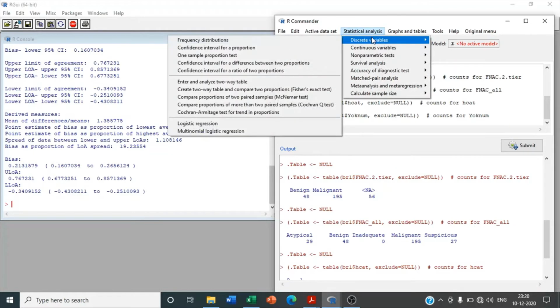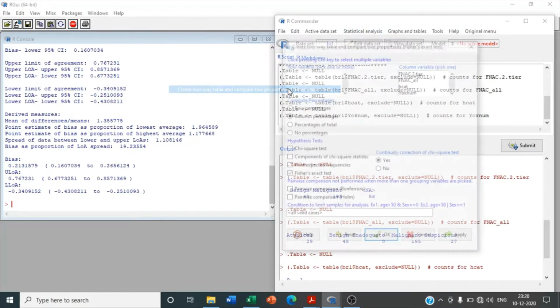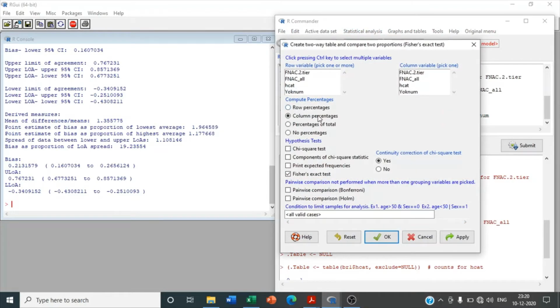Cross tabulation, get into discrete variables, and get into create two-way table and compare two proportions by Fisher's exact test. We can keep the Fisher exact test, but we can also exclude it because we just need the cross tabulations. We're going to exclude this.